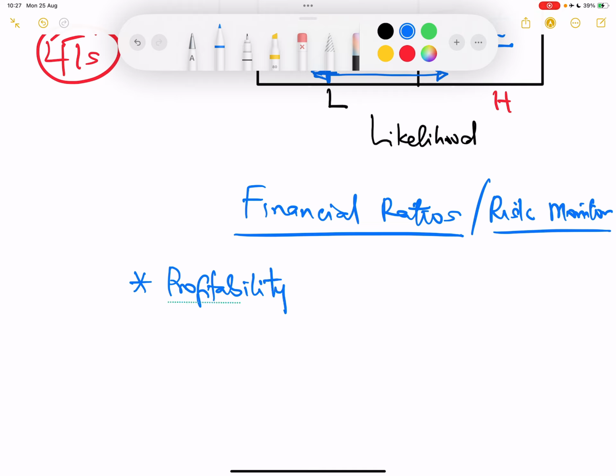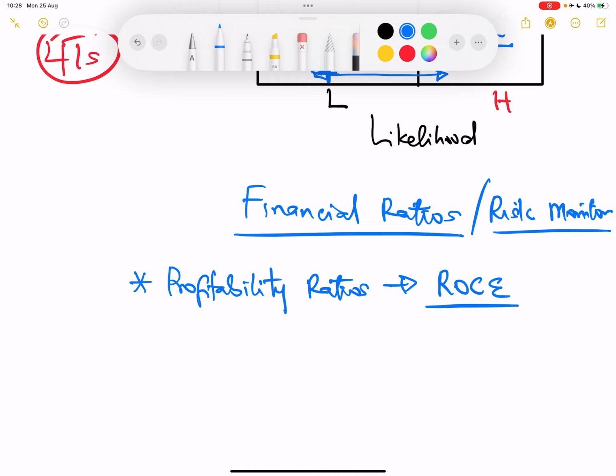You can also revise your ratios, very important. And the major one that you will use to monitor your profitability or the use of your asset is ROCE. Because this is the ratio that checks how efficiently you are utilizing the funds that have been made available by the fund providers, talking about debt providers and equity providers.